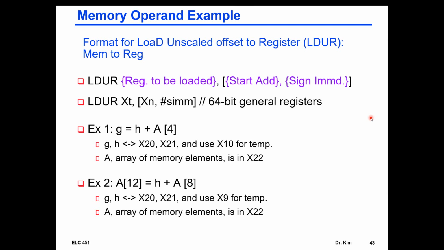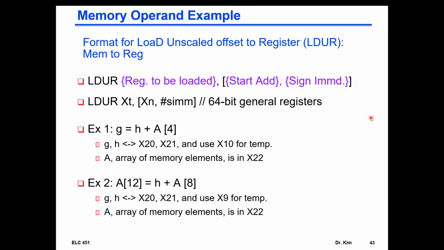So in this case, that's the register where the item from memory is going to end up. The second operand is another register that holds a, we can call it a starting address.